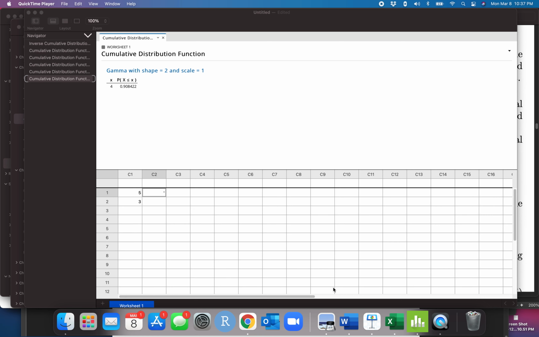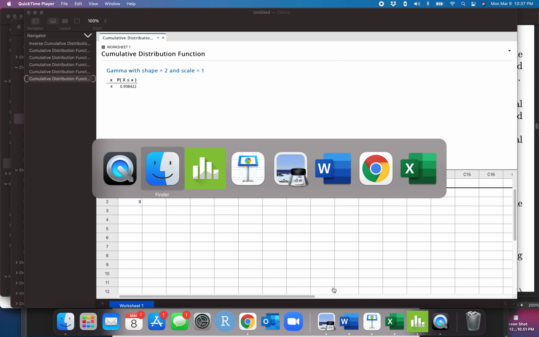And of course, to get at least 4, we need to do 1 minus this. And so that would be 1 minus 0.908, which would be 0.092. And so that would be the final answer for that last part.